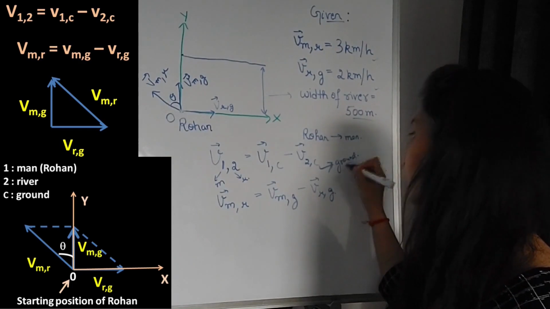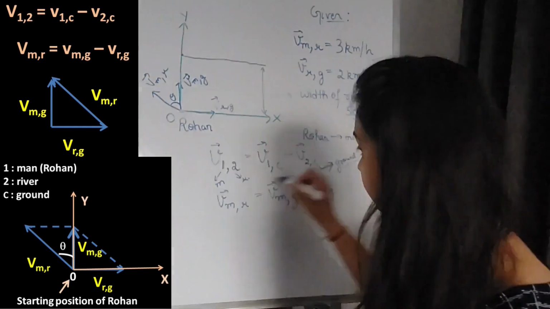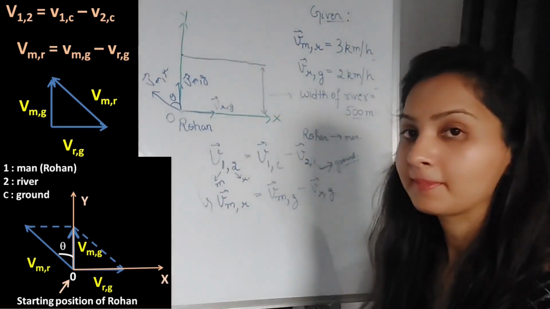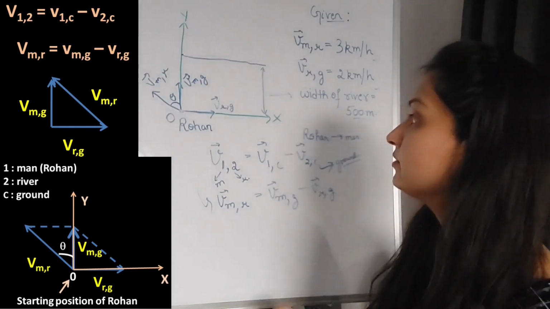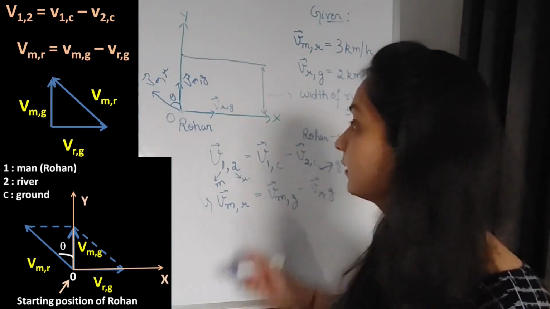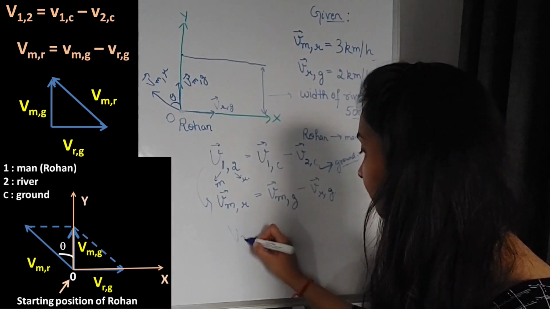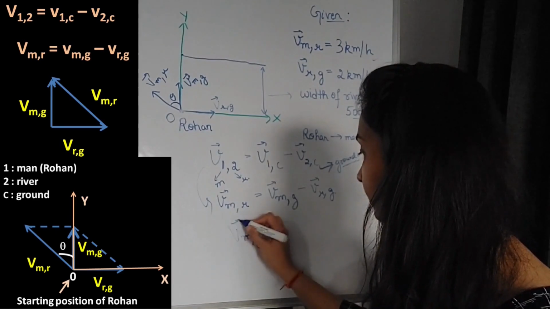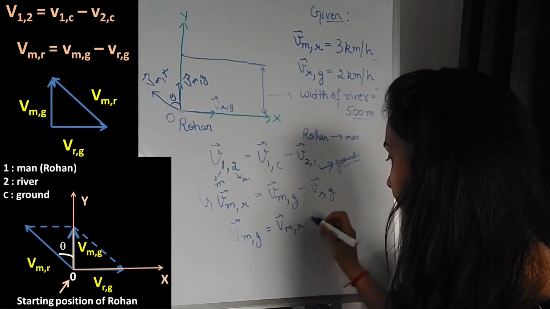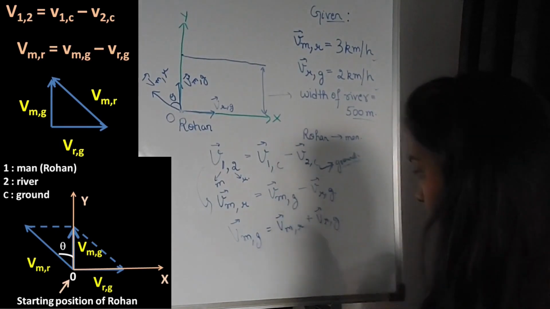Like I want to see this situation as observed from the ground. So my equation reduces to this. Okay, and I'm interested in finding the velocity of man with respect to ground. These two velocities are given. So velocity of man with respect to ground will be velocity of man with respect to river plus velocity of river with respect to ground.